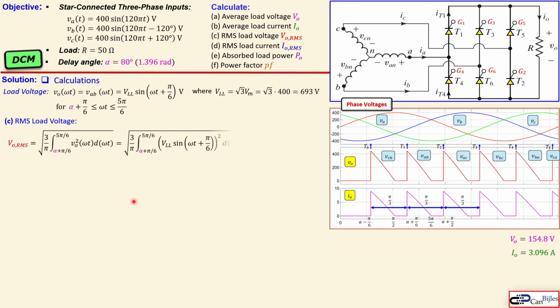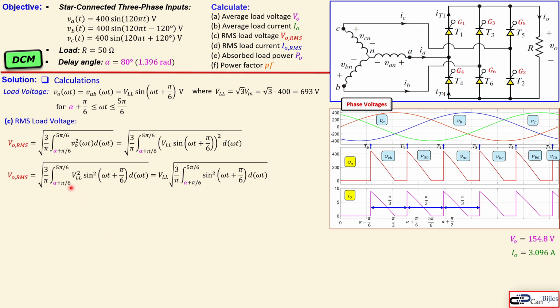So in order to square that, we can also square the VLL and also square this sine expression. We can bring this VLL squared outside the integral, because it has nothing to do with this omega t. And we can take it even outside the square root, because the square root of VLL squared is just VLL, which is the line-to-line voltage.